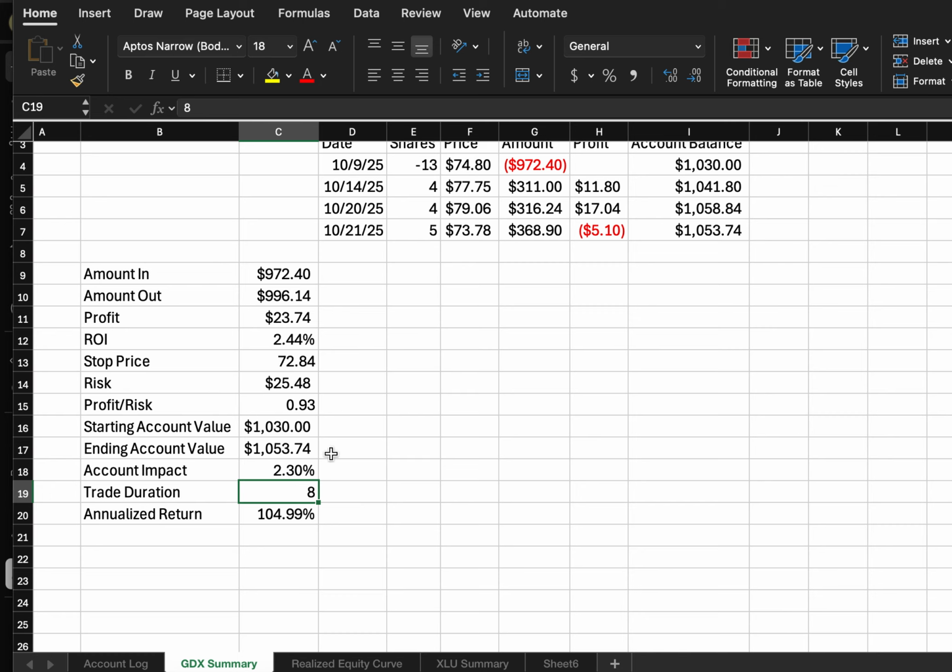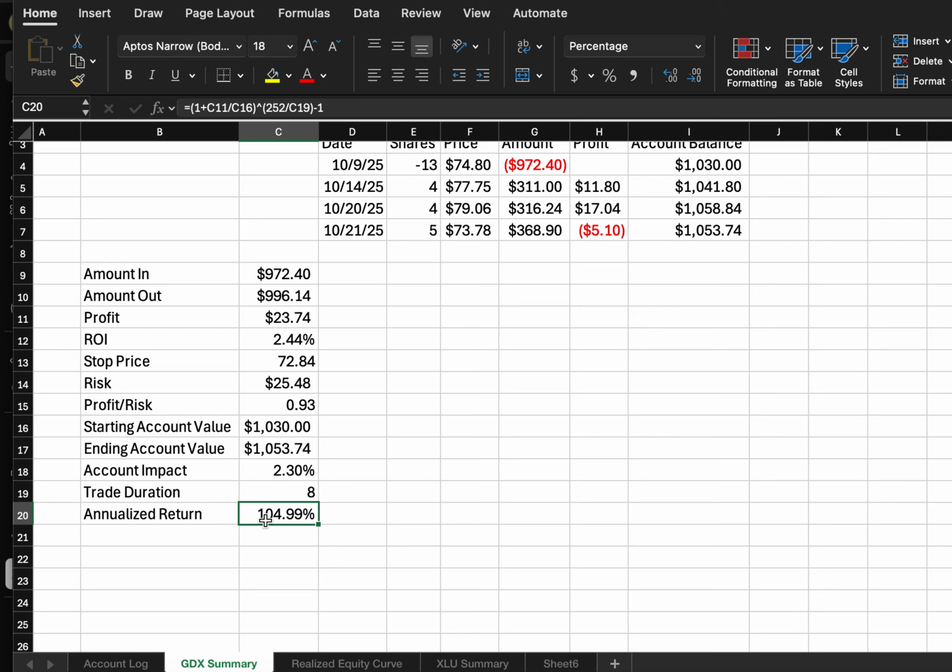And there's a number we can calculate, based not on what my trade ROI was, but on what my account impact was. If I could increase my account by 2.3% every 8 days for a whole year, then I would be able to double my account in 1 year.